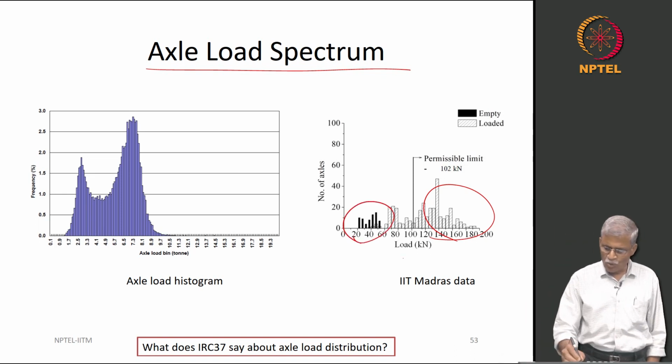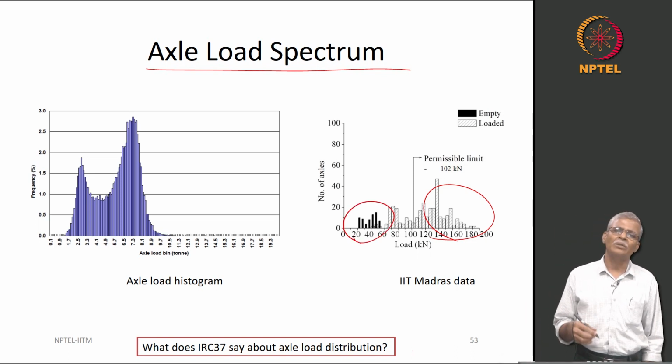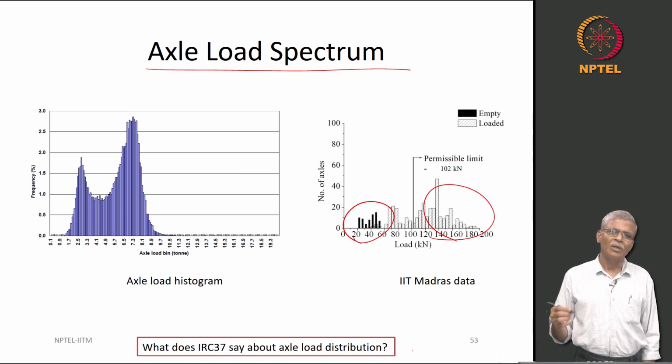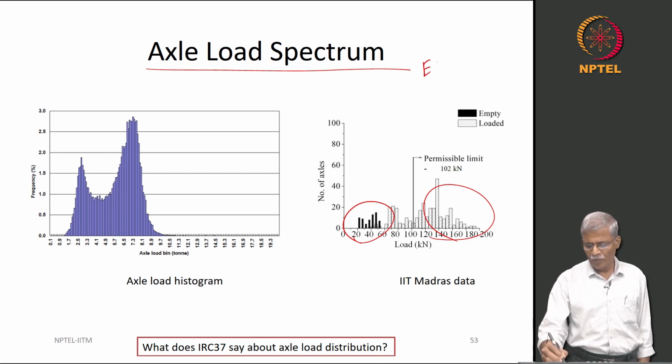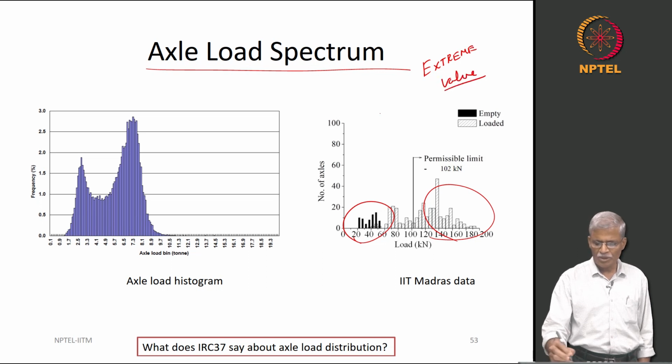You can actually see how much overloading there is. There are also empty loaded vehicles and all those issues, and what kind of distribution you can fit. There are also interesting distributions one can fit, what are called extreme value distributions, such as the Burr distribution and so on.